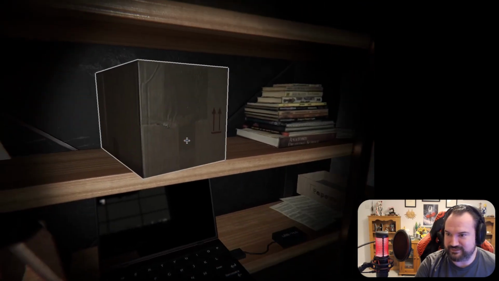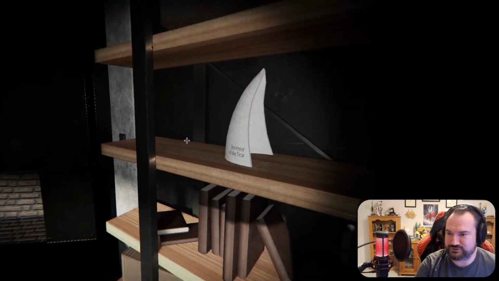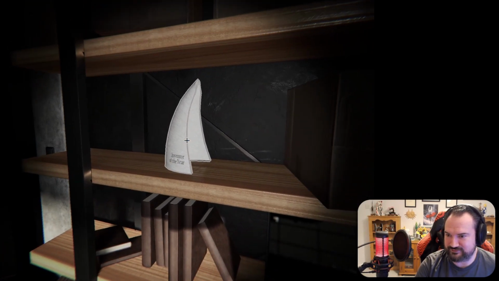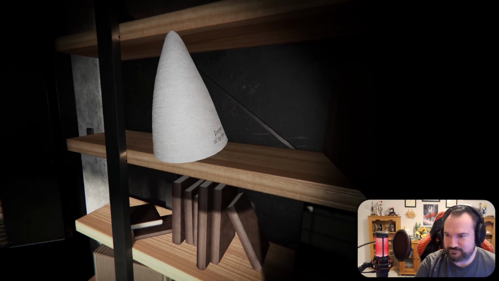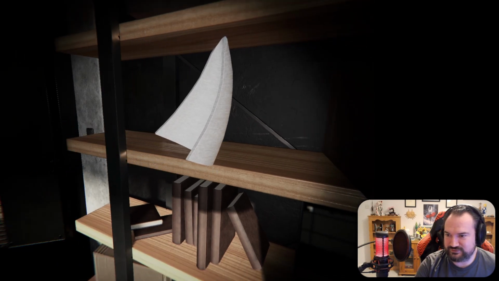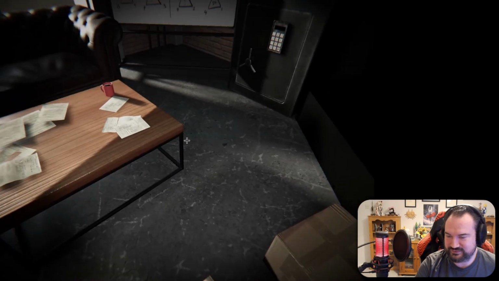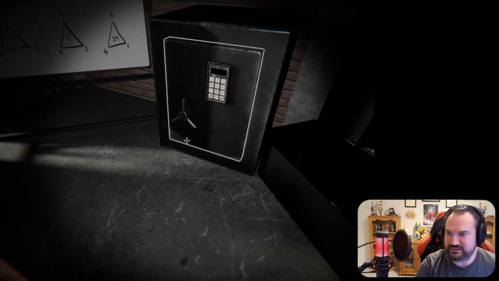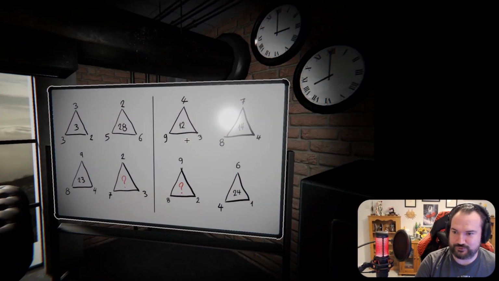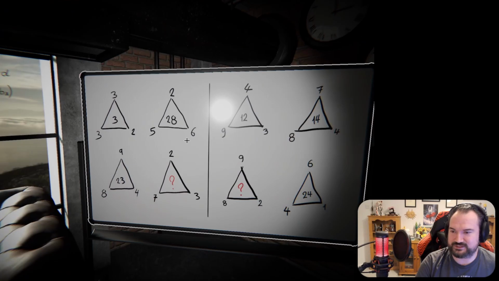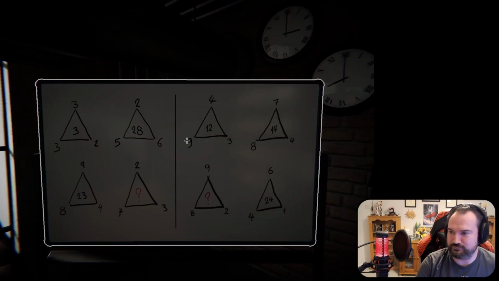I love a game that is a short couple of hours experience, because it's something a little bit more akin to an actual escape room, which I also enjoy. You wouldn't want to be stuck in an actual escape room all afternoon.